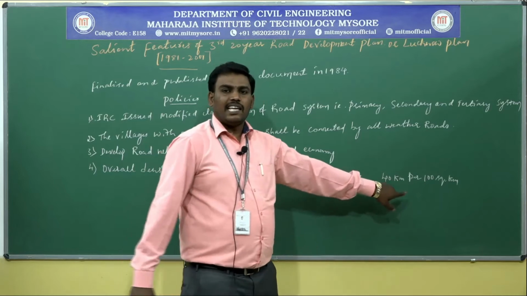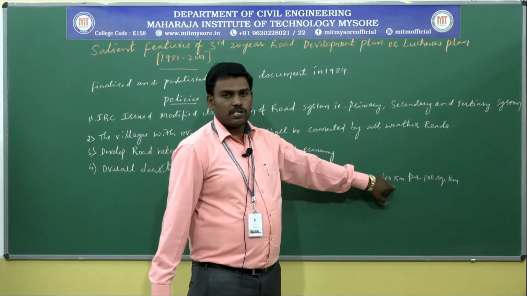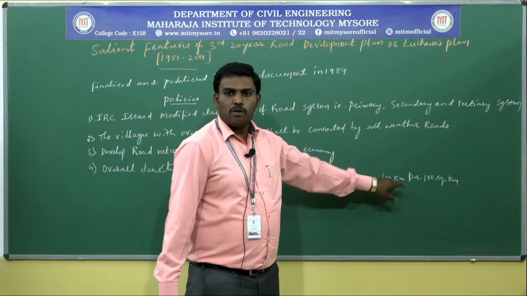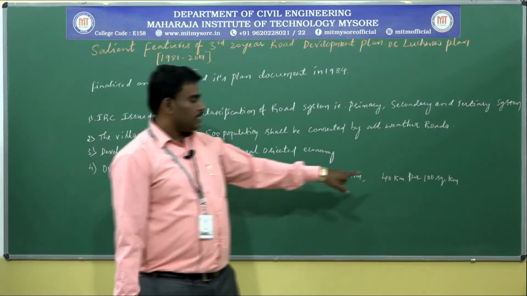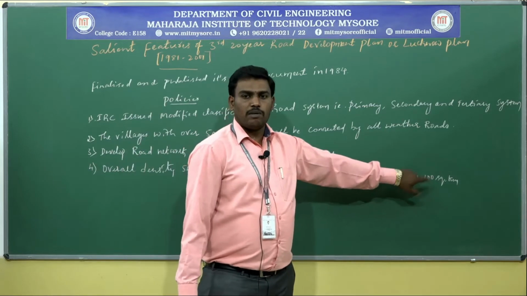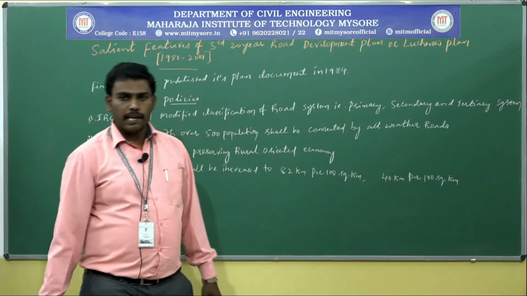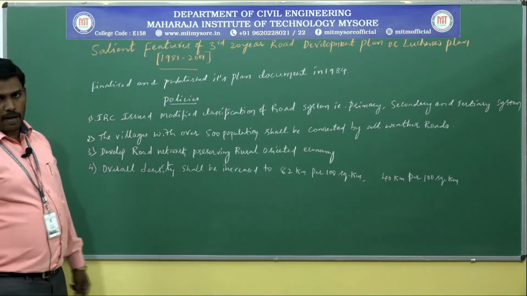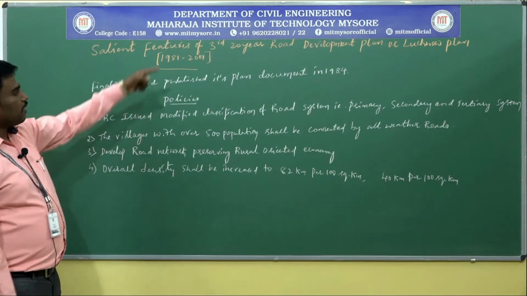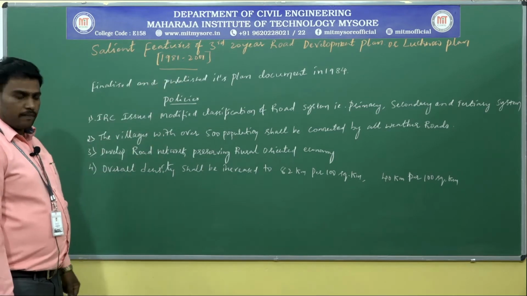This is for hilly areas whose elevation is 2100 meter above MSL. In that case, the density will be 40 km per 100 square kilometer area. Is it clear? This is the fourth policy in the third 20-year road development plan.